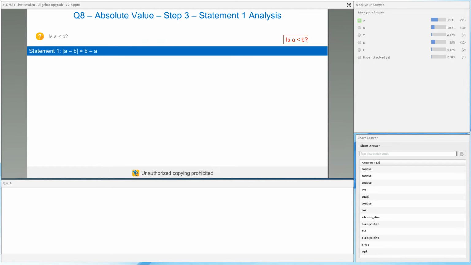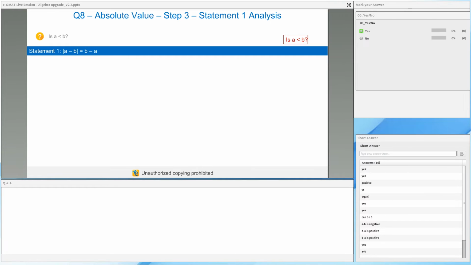Tell me one thing, can't B minus A be 0? Yes, so is it right when you say it's positive? When you're saying B minus A will always be positive, are you correct? Or should you say B minus A will be non-negative?